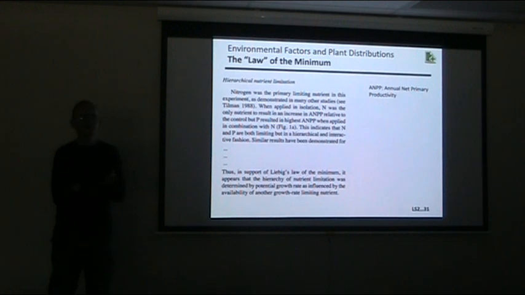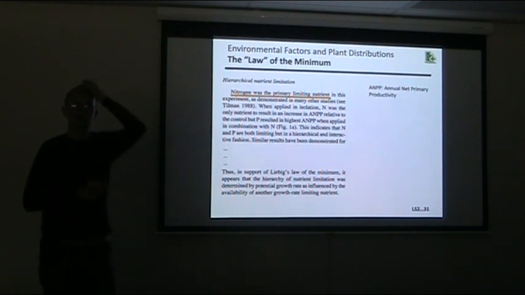What they found was that there was definitely a hierarchy of what affected annual net primary production, ANPP. The primary limiting nutrient was nitrogen, so nitrogen sat at the bottom of the stave.